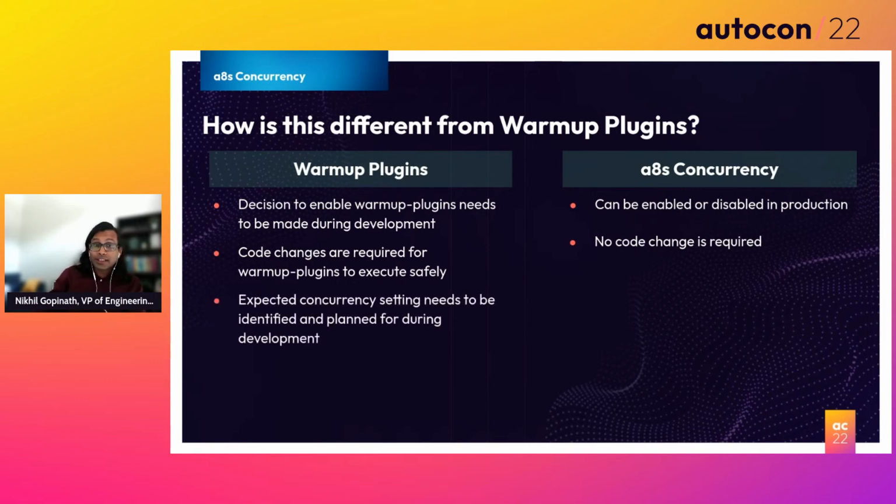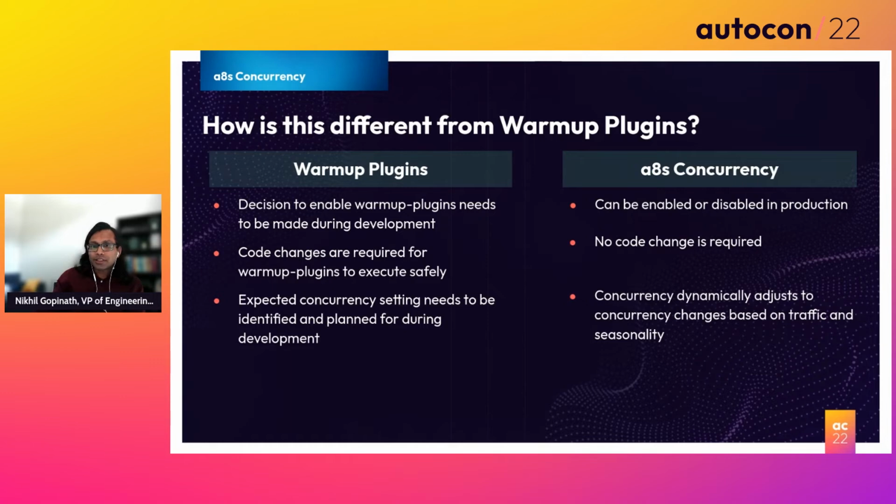With warmup plugins, again, you have to know what the expected concurrency is, and you have to set those when you set up the warmup process, right? Again, this is before your code goes into production. You don't know what your invocation pattern is before it goes live, right? So how can you make a decision on the concurrency setting, right? So it has to be a manual and iterative process looking at production data and anticipated production data. With autonomous concurrency, all that is taken care of behind the scenes, right?